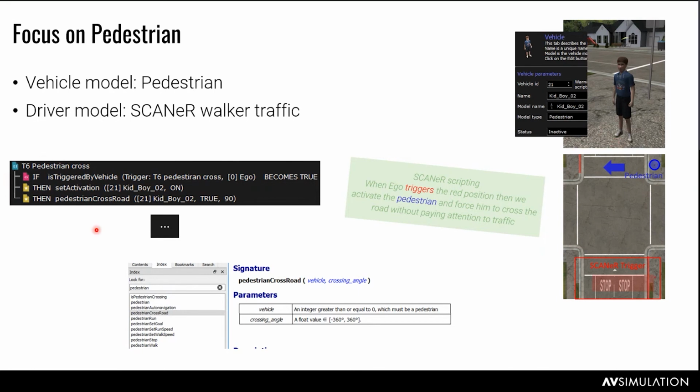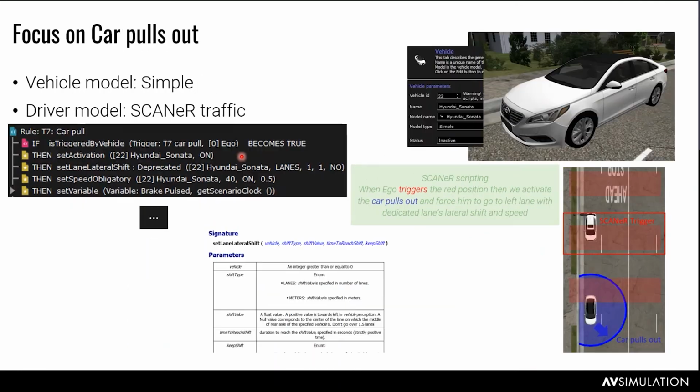And yeah, just with these 3 lines that are not even typed by hand, it's all visual programming, you can make this pedestrian cross. Most of the time this is used for AEB or ABS triggering events, but in this case, it was for human factors.